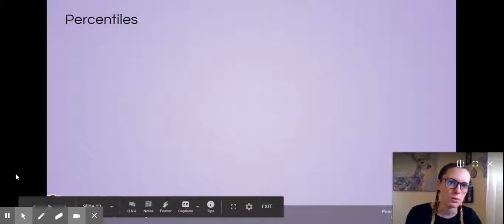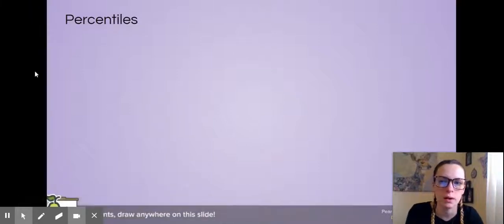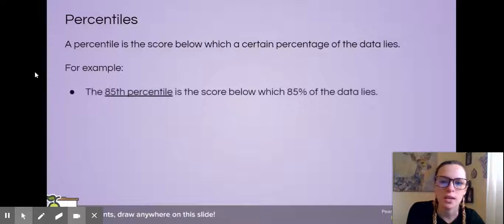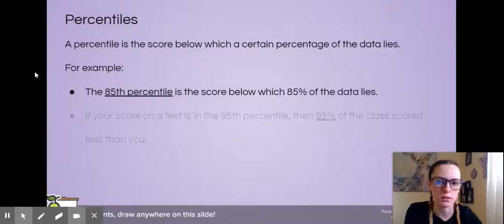One other thing that's important before we get into an example with cumulative frequency graphs is to think about percentiles. Not percentages, but percentiles. So a percentile is the score below which a certain percentage of the data lies. For example, the 85th percentile is the score below which 85% of the data lies.